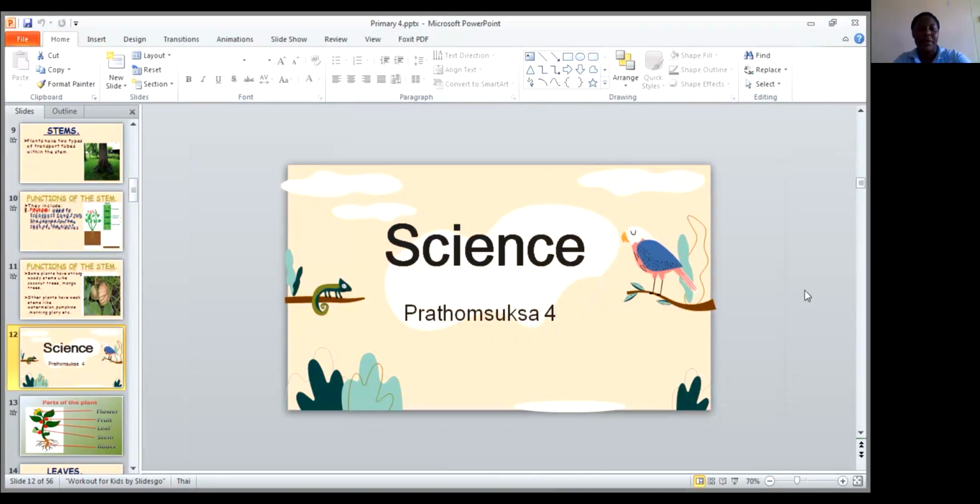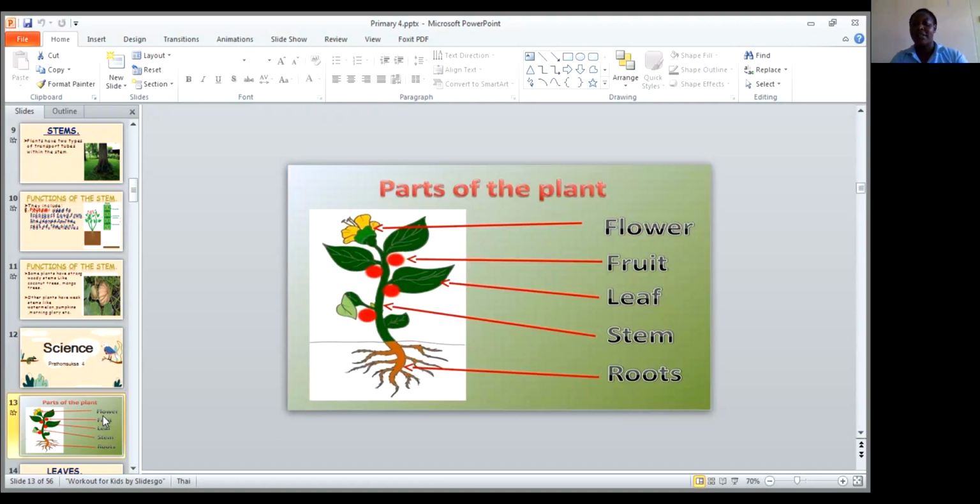Yesterday we were talking about parts of a plant and we are going to continue from here. I hope you can remember we said that plants are living things and plants can make their own food. That is what we said yesterday. And today we want to remind ourselves about parts of a plant and then we continue with the functions of the leaf.